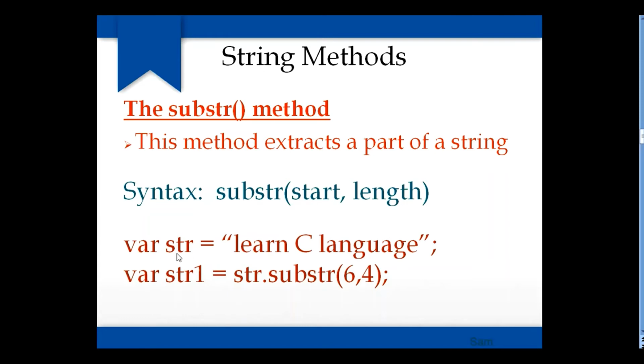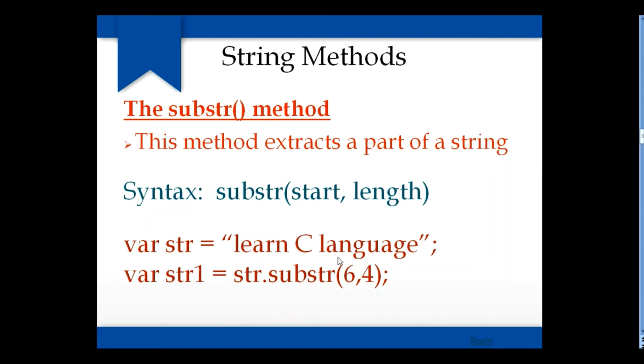In this example, string str is initialized with "learn C language". Now str.substr(6,4). We start from the sixth position, 0 1 2 3 4 5 6, then 4 characters: C, space, L, A. Up to "C LA" will be printed on the screen.